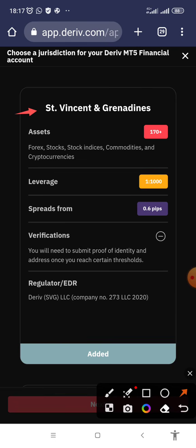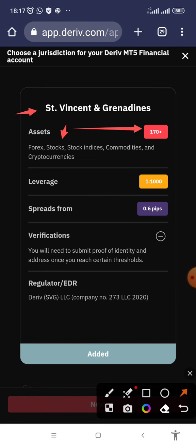When you create an account that is going to be hosted in St. Vincent and Grenadines, these are the number of assets that you will have access to: about 170 plus assets. And the assets include Forex, stocks, stock indices, commodities, and cryptocurrencies.